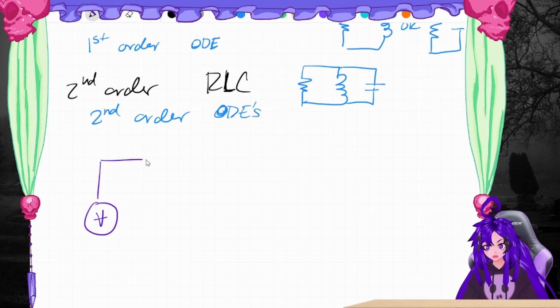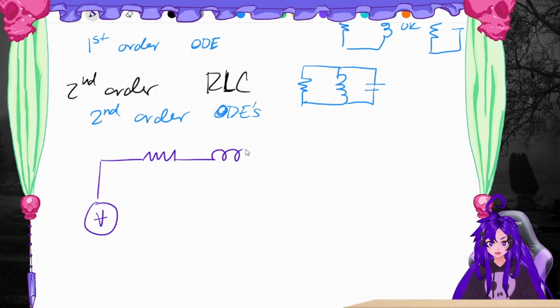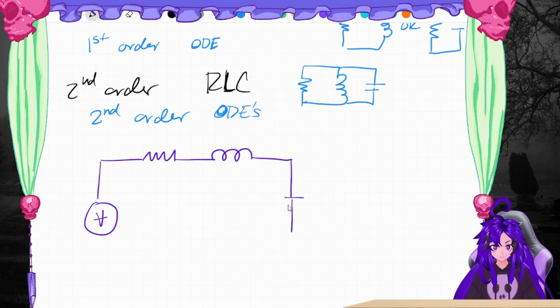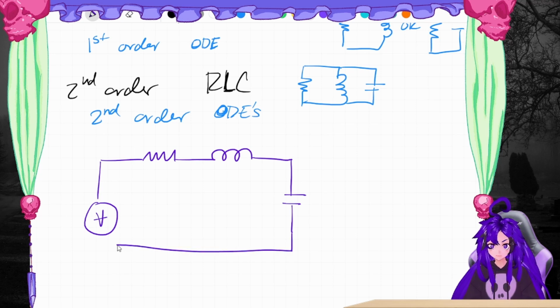All I will say is that the differential equation comes from the characteristic equations of the circuit elements. So that's not a capacitor. I don't know what that is, but it's not a capacitor. There we go. So we've got these, and this is whatever voltage. We've got a resistor, an inductor, and a capacitor.